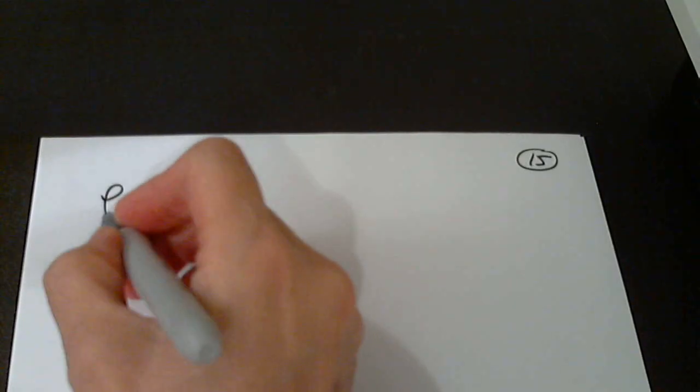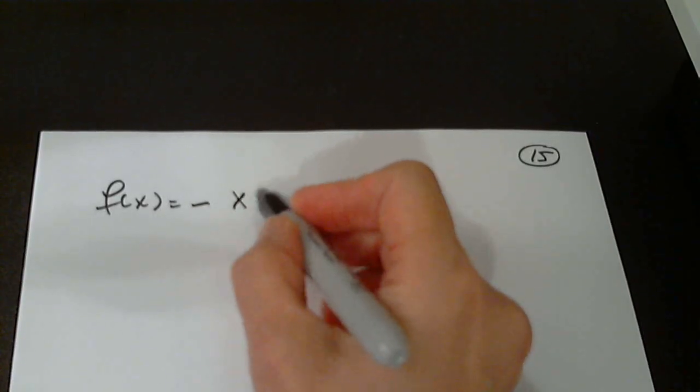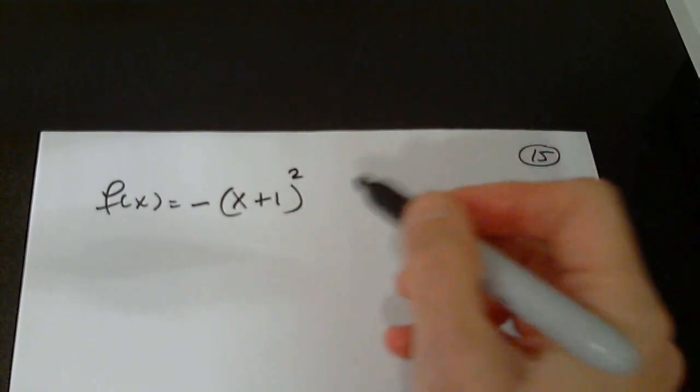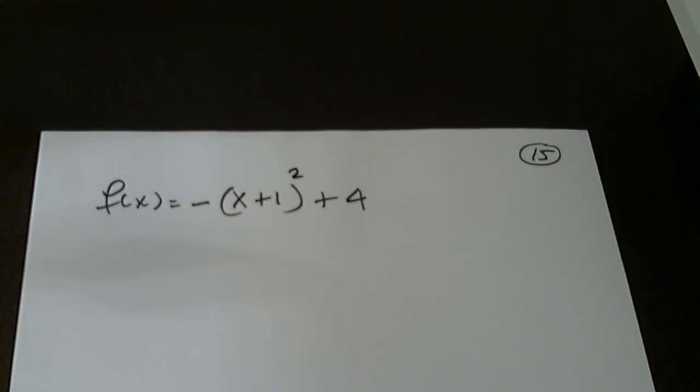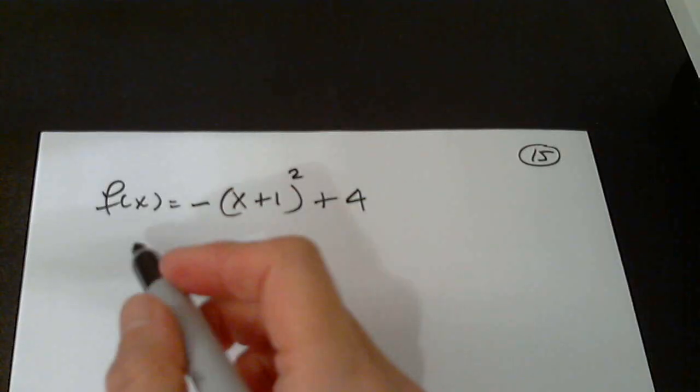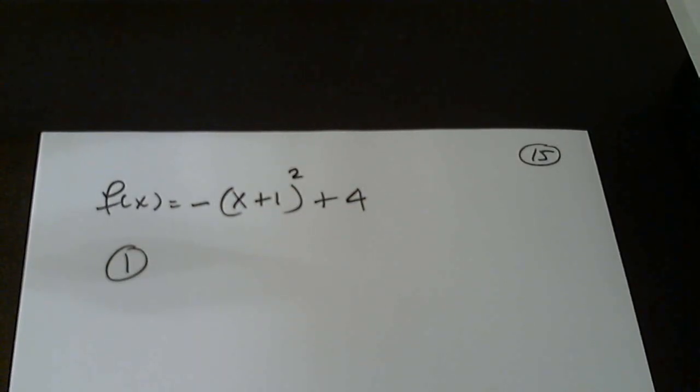So 15. So let's say I have f of x equals the opposite of x plus 1 squared plus 4. We're asked to graph the function using transformations and present them in the order of operations.